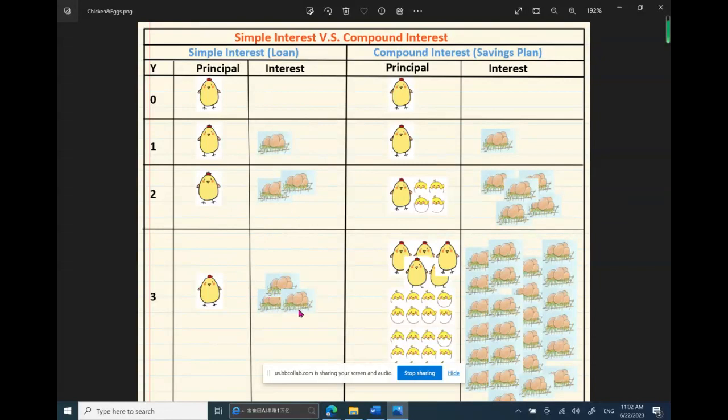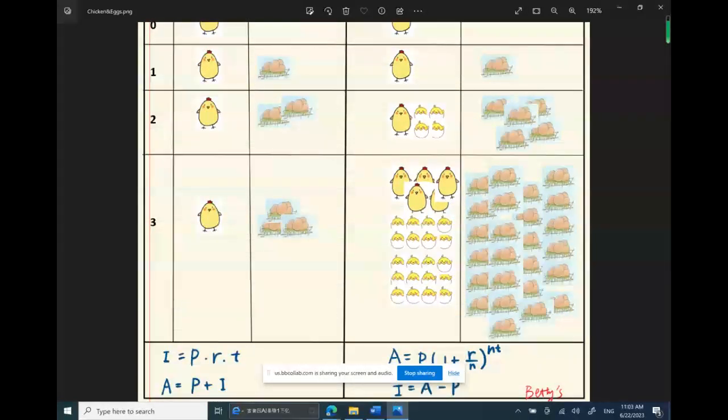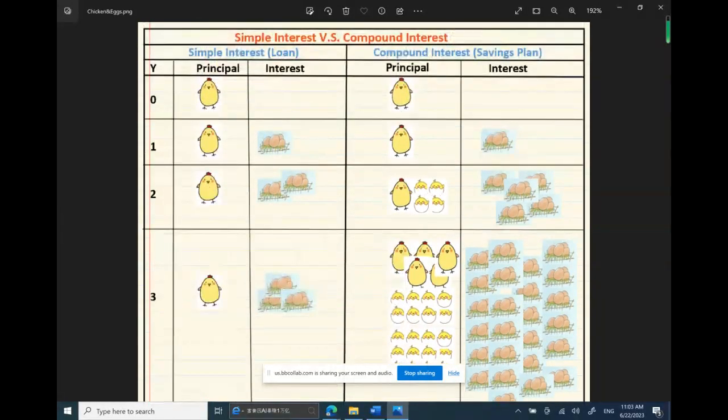By the end of year 3, you have 12 eggs, and so on. The important thing about simple interest is the interest amount every year remains the same, and the principal also remains the same. The principal is the chicken.